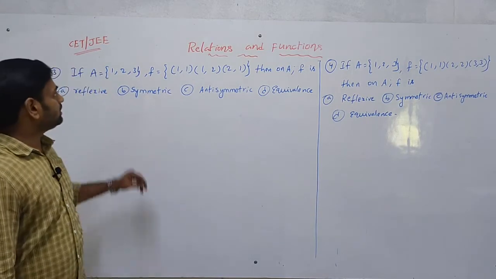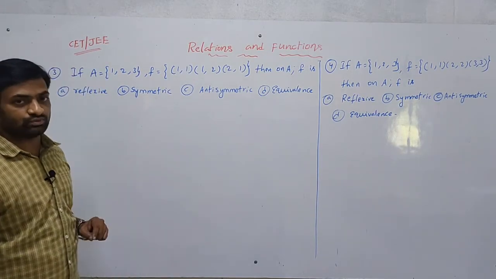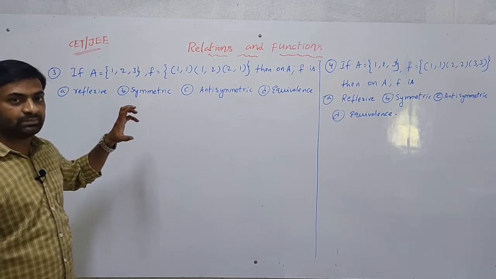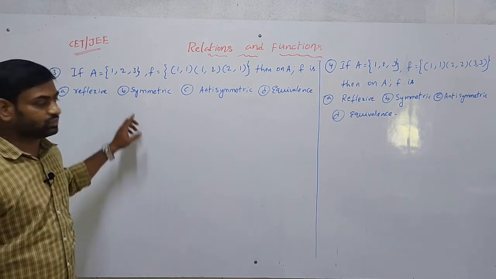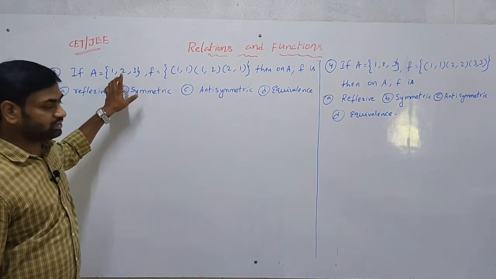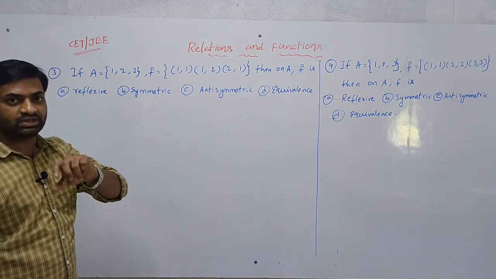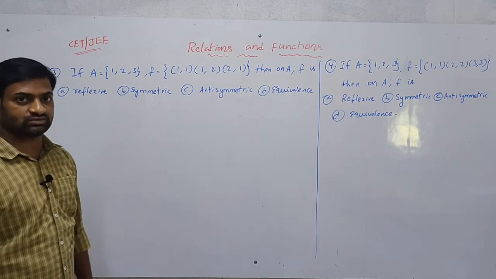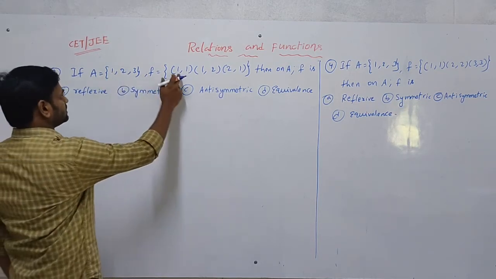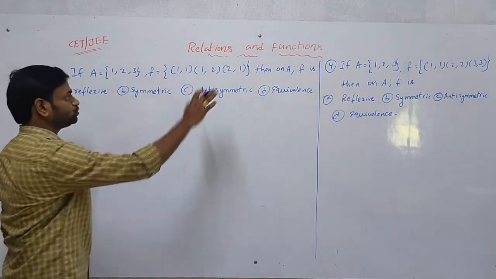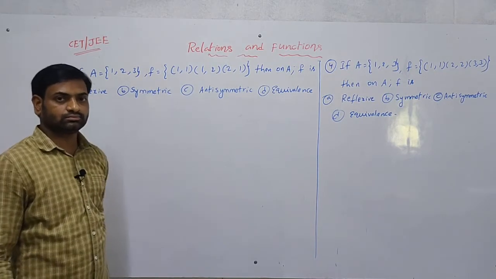See here, to check whether it is reflexive, it depends completely upon the given set. In the given set there are 1, 2, 3. The ordered pairs (1, 1), (2, 2), (3, 3) should be in the given relation. So (1, 1) is there, yes. (2, 2), there is no (2, 2).